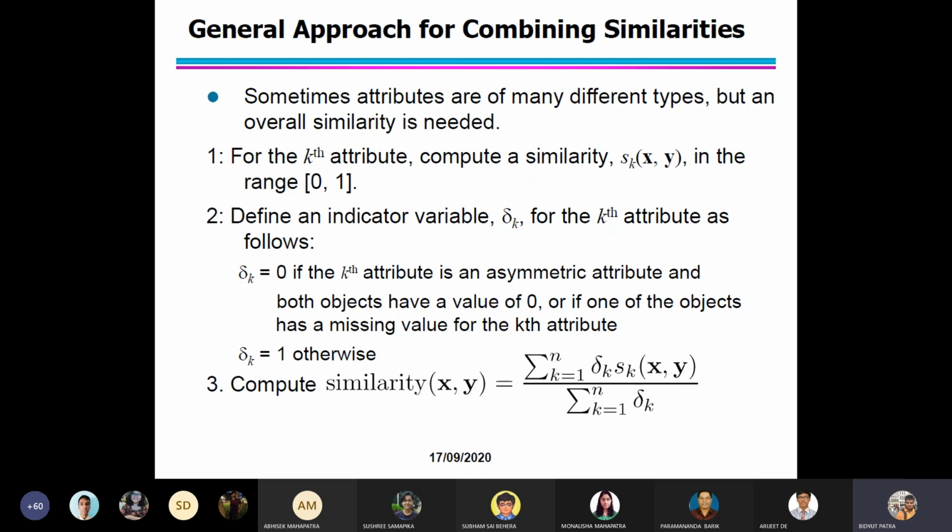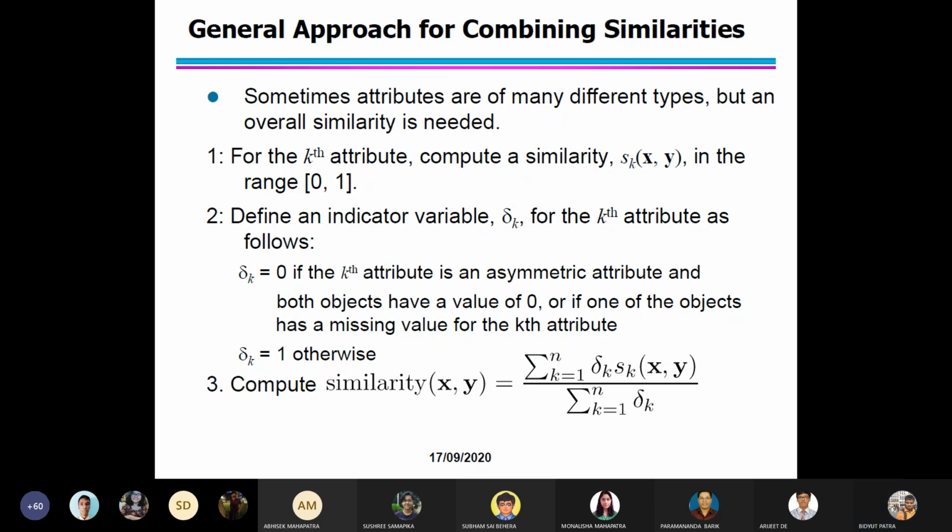We have a set of attributes for each of the objects, and we want to compute the similarity between these two objects. Some of the attribute similarities range from 0 to 1, and others have a different range. So we have to combine each of these similarity values.